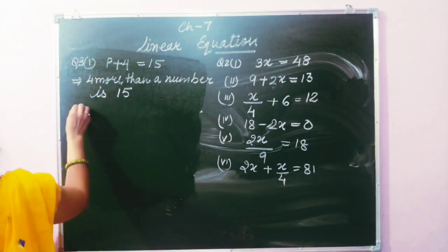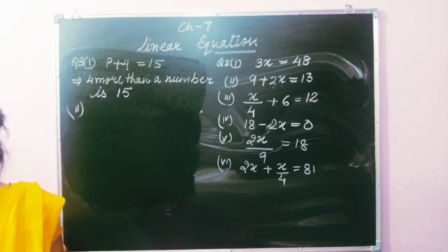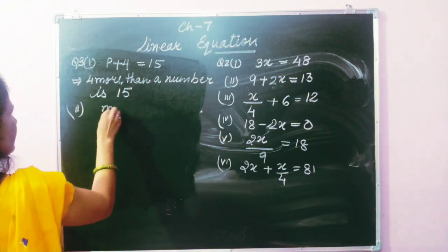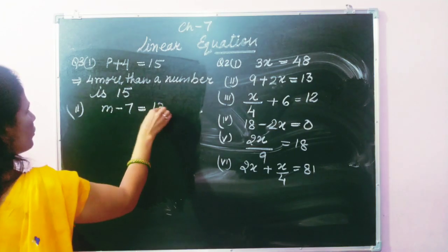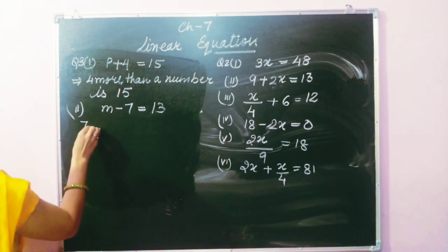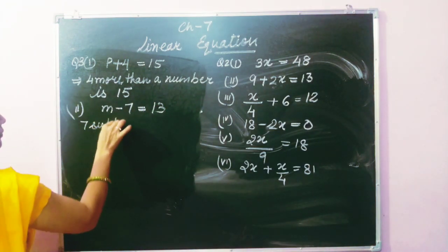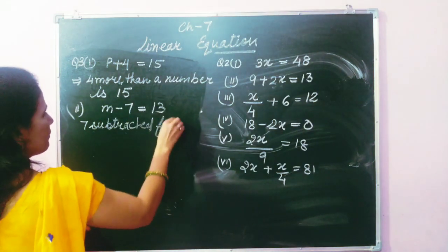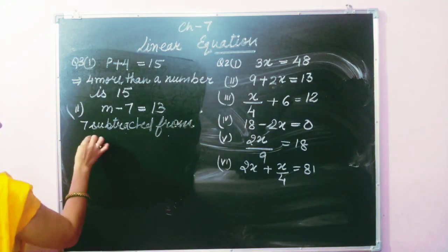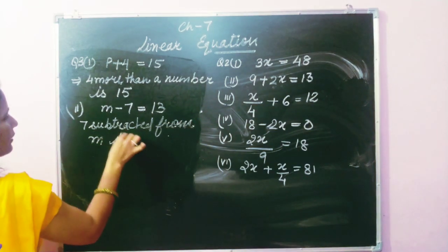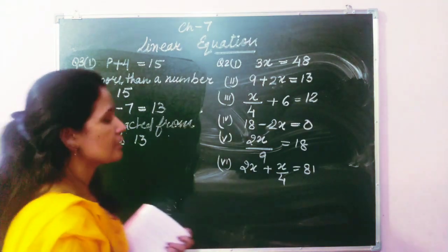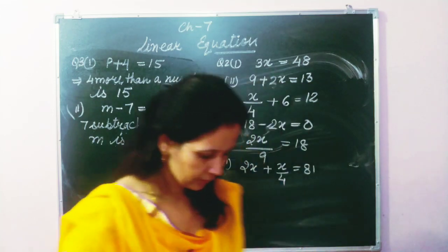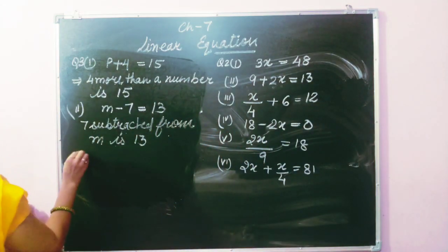Okay, now the second part, they have given m minus 7 equals to 13. So we can write 7 subtracted from m is 13. Next one, 2m equals to 7.